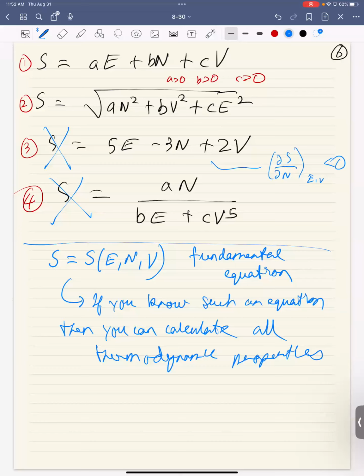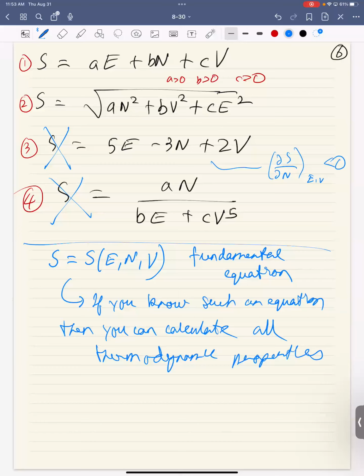Let's say you're doing an experiment on something, whatever, a quantum gas. You measure the entropy as a function of energy, number, and volume, and you are able to fit it and get a curve. That's it. You know all thermodynamic properties about it. You want to calculate heat capacity? Yes, we will show you a way to do it. You want to calculate refractive index? Okay, maybe not refractive index, but all sorts of thermal related things you can do.